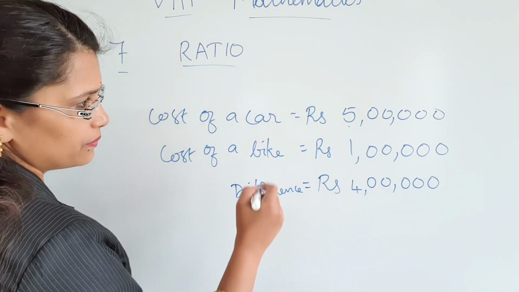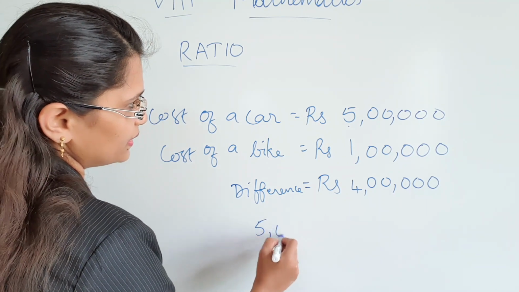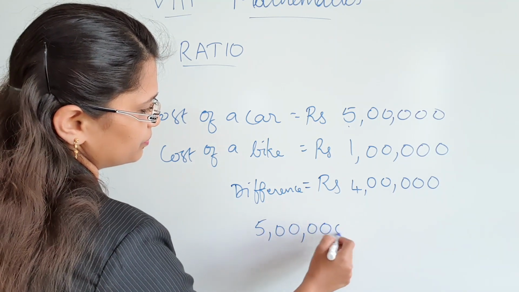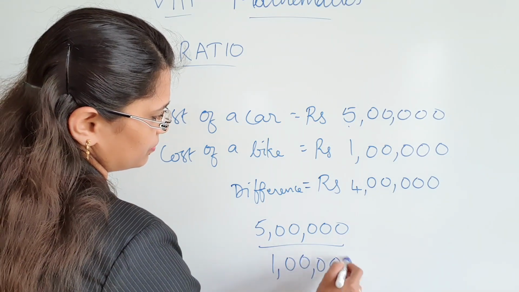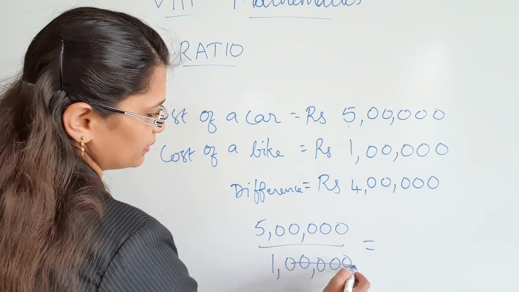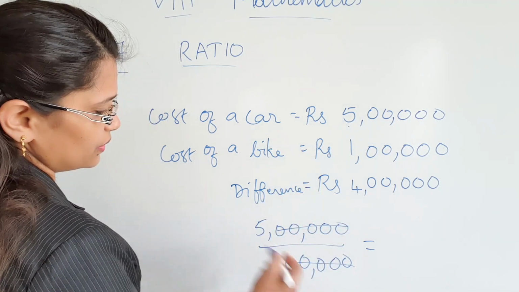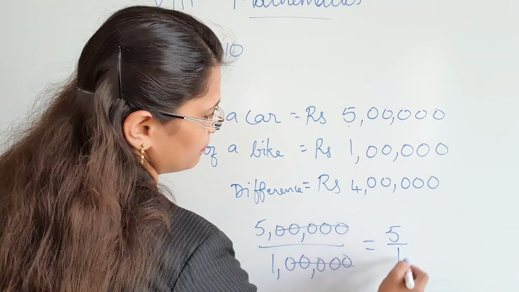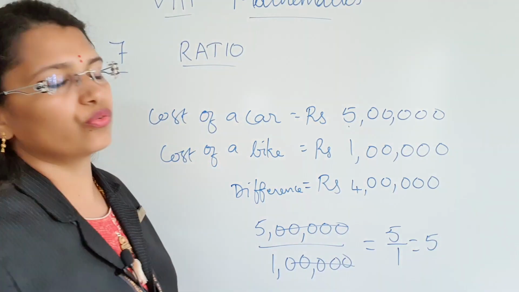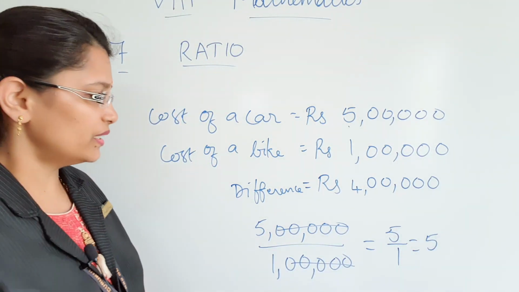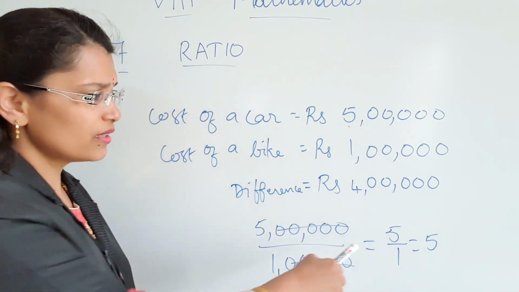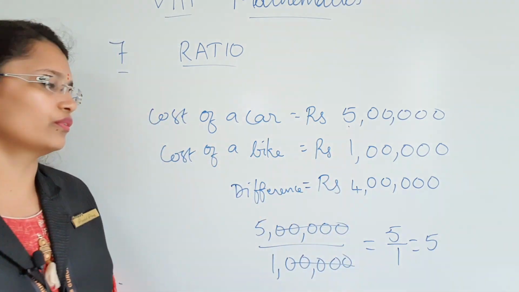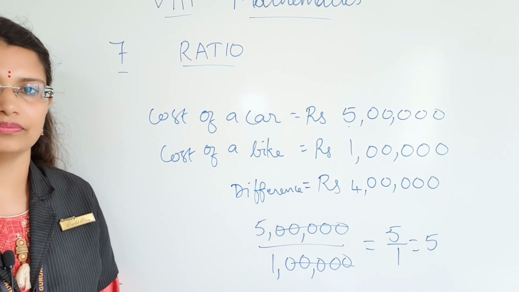So, how many times means 5 lakh divided by 1 lakh is equal to how much, children? Cancel these zeros, is equal to 5 by 1 is equal to 5, right? That means the cost of a car is 5 times that of the bike.